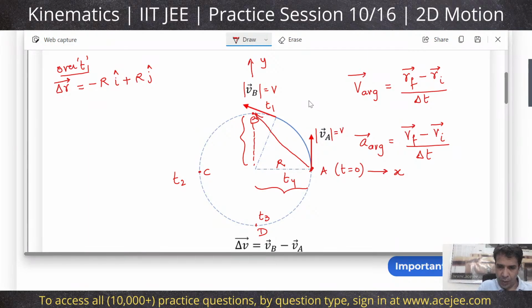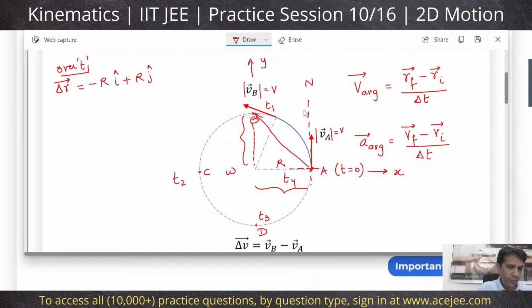So now what we are saying is, keeping the coordinate system at that point at t equals 0, that is at A, your displacement vector is pointed towards the northwest, right? What is the projection of this along the x direction? Minus r. What is the projection on the y-axis? It's plus r. Yes?